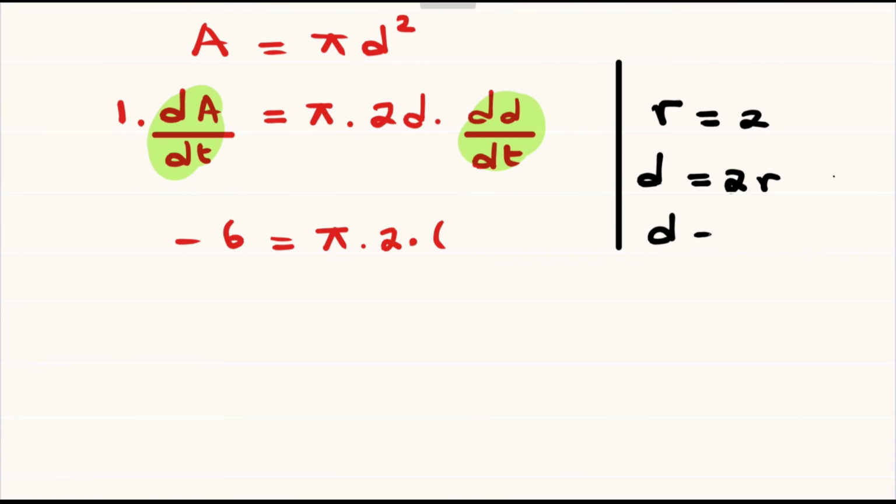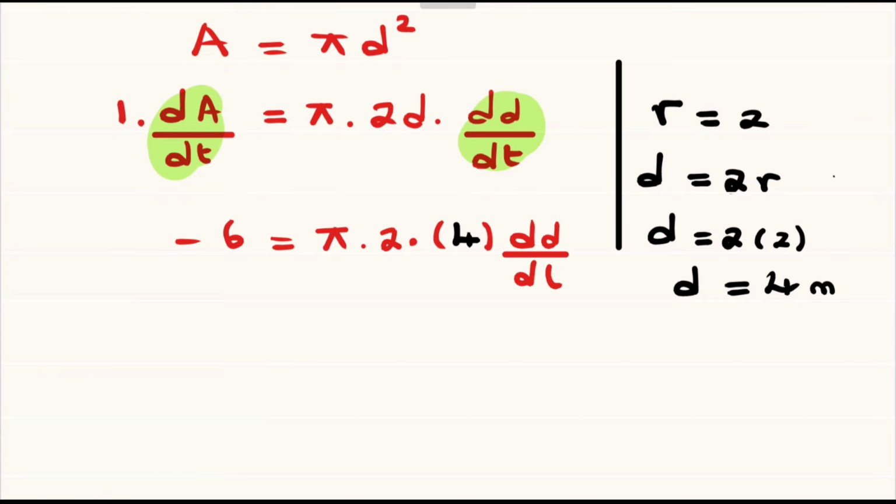So in the place of the radius, let's substitute 2. So our diameter will be equal to 2 multiplied by 2, which is 4 meters. So in the place of that d, we substitute 4. And we still have the derivative of the diameter with respect to time.